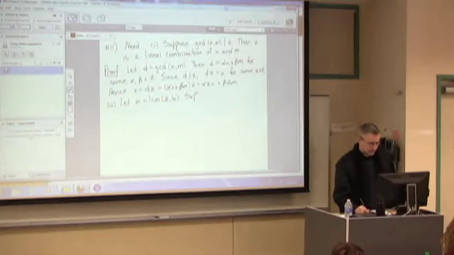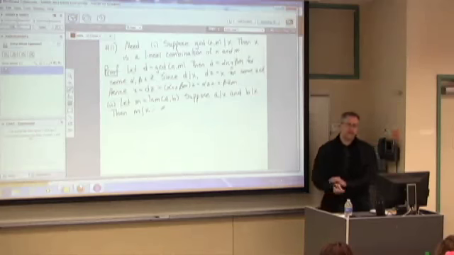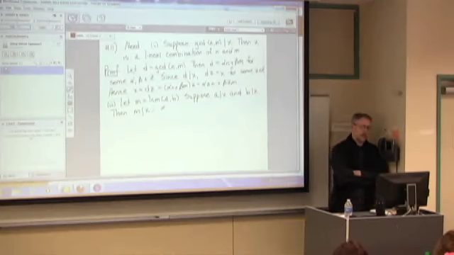Suppose that a divides an integer x, and b divides x. Then, in fact, analogous to the GCD, the least common multiple m actually divides x. Okay. This is something I may not have told you before, but you're going to need now.